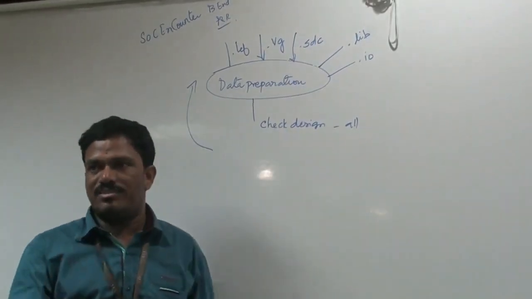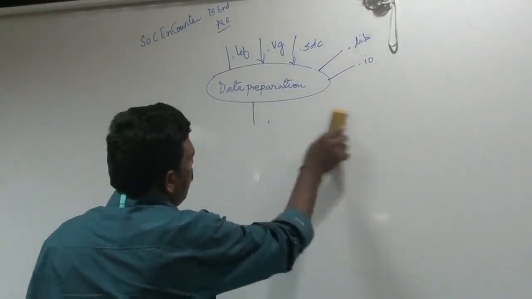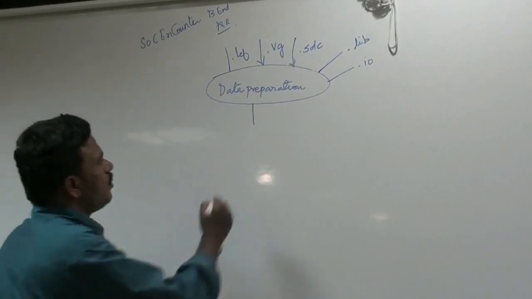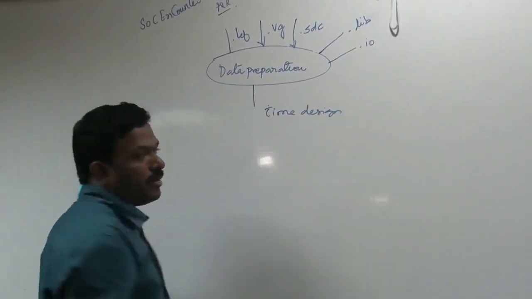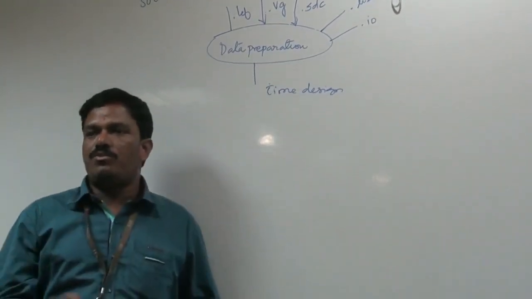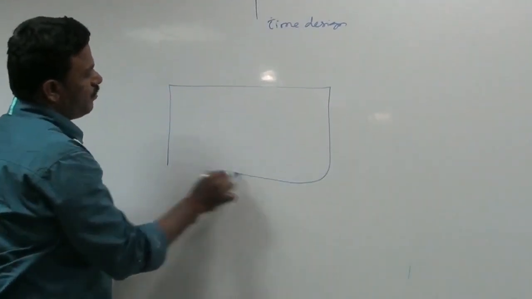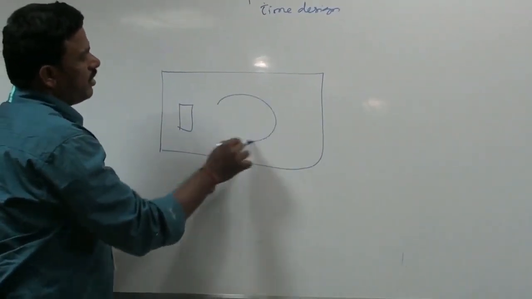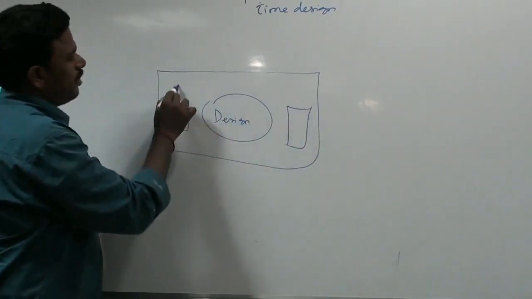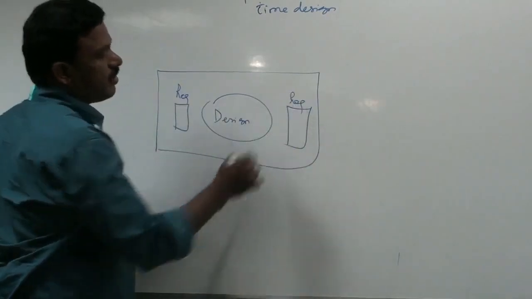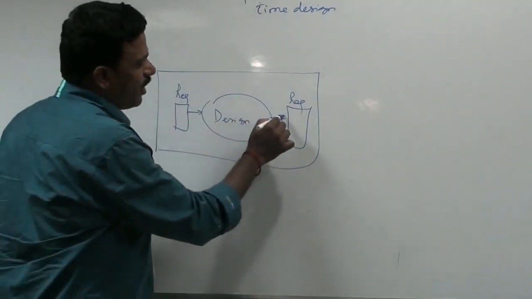Considering the modified netlist and SDC, we need to go for time design. That is also another check we have to go for. This time design will give you 4 different pieces of information. If you take any design, the design is divided into 4 different parts. So this is your design, let me assume. The entire design is kept between reg to reg, and your entire design is broken into 4 different parts.